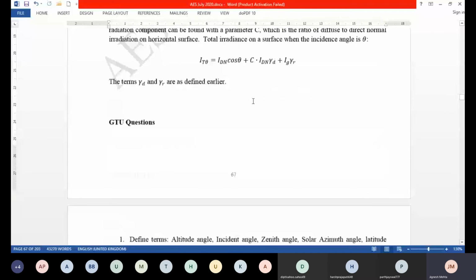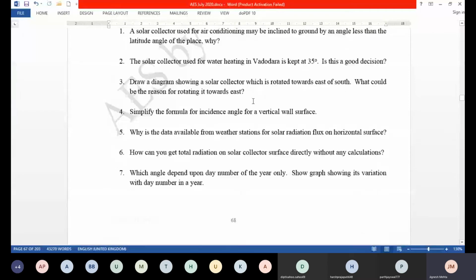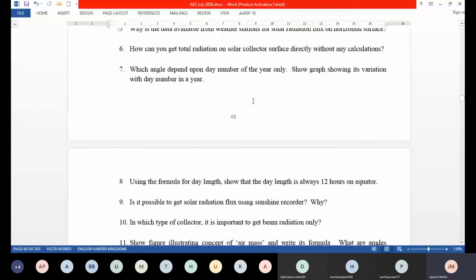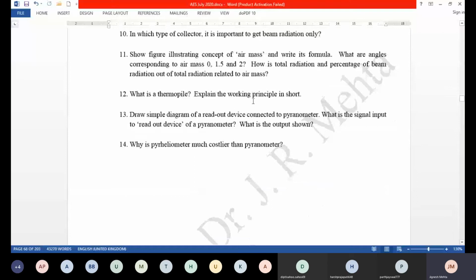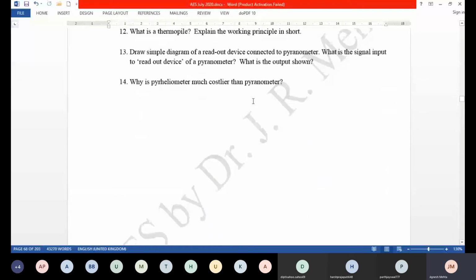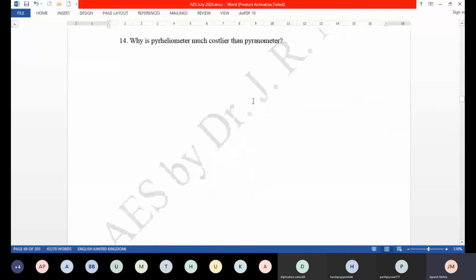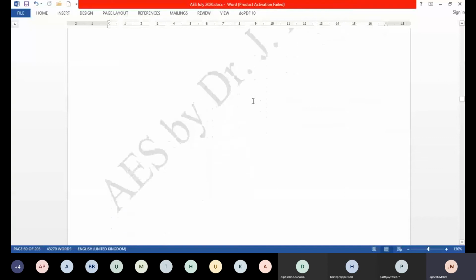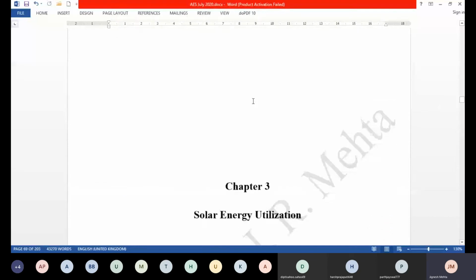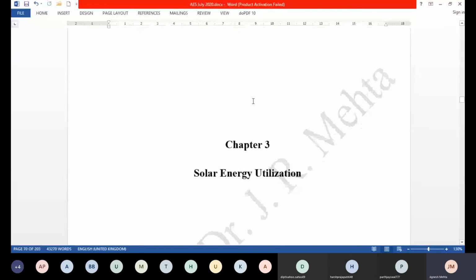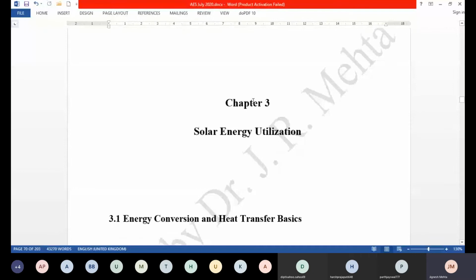So this brings us to the end of the first chapter, which discussed the basics, the different geometrical angles, the sun-earth geometry, as well as solar radiation measurement and calculations. So this is the basics of solar energy, and now you are equipped to understand the principles and the whys, the construction details, the functioning, etc. of different types of solar collectors.